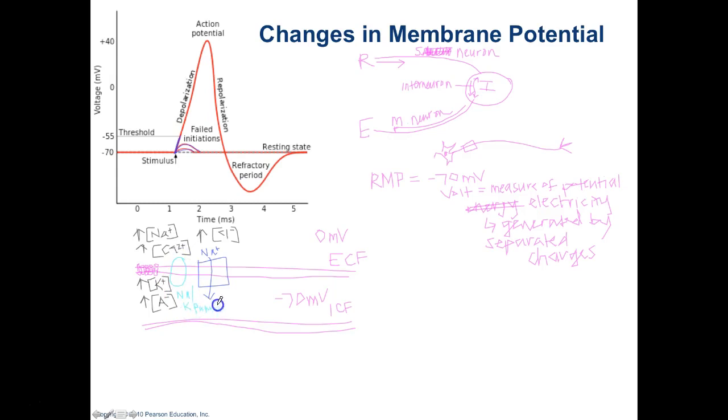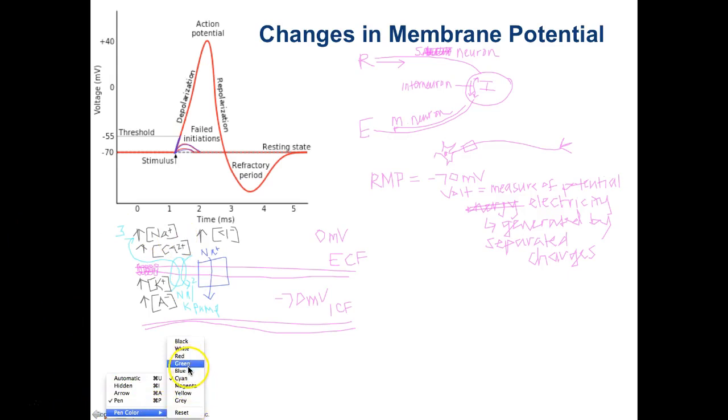This guy pumps 3 sodiums out of the cell and 2 potassiums in. So we're getting a lot more sodium out here than we're getting potassium in here. That's another reason why the outside of the cell is going to be more positive compared to the inside of the cell. Okay, now that we got that guy out of the way, let's go back to our graph.